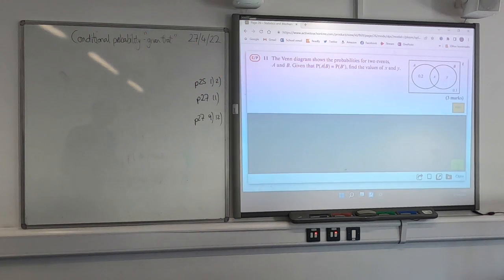It's worth doing. This is a bit algebraic, isn't it? We know how much they like the algebra. The first thing I would write down is what I know x plus y have to add up to.